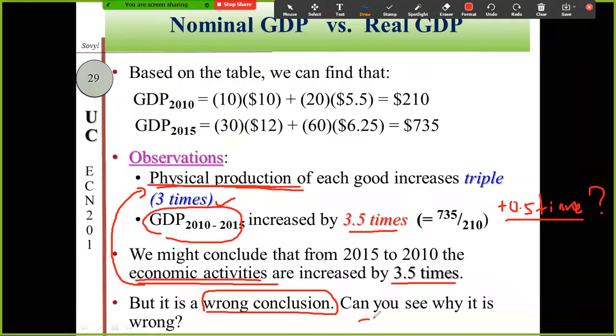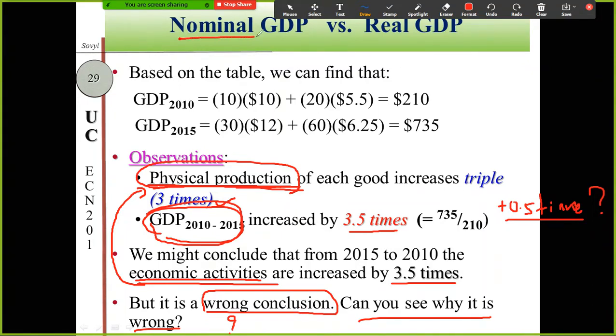Okay, can you see why it is wrong? Maybe some of you, after seeing this observation, can get some idea why GDP increased more than the activities. This is the activities of producing, this is GDP.